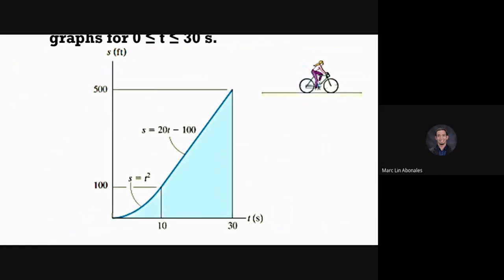But at the 10 to 30 seconds time interval, it is described with the function s is equal to 20t minus 100. So erratic motion is what we consider here, because every time interval, a different function is considered.